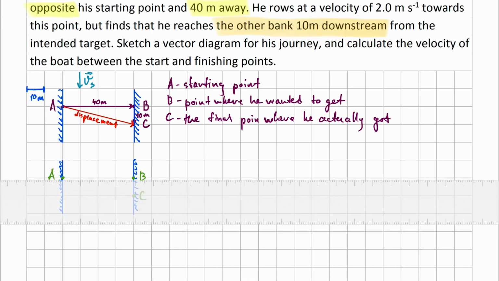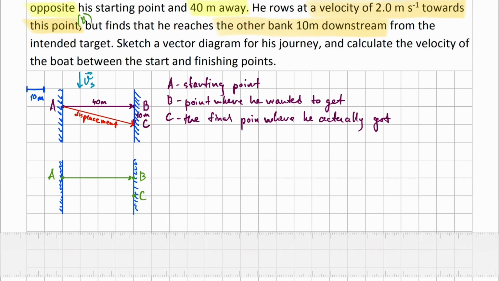We are given the information that he rows at a velocity of 2 meters per second towards this point, which means the point B, okay? A velocity towards this point, and in the comment, B. Okay, so his own velocity vector is directed right in here to B, okay? And this one is equal to 2 meters per second.